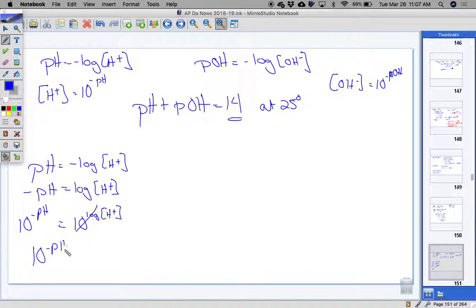So H plus equals 10 to the negative pH. Why did I do it? Because you're going to need it later. What if the problem asked you for H plus instead of OH minus, or instead of pH?